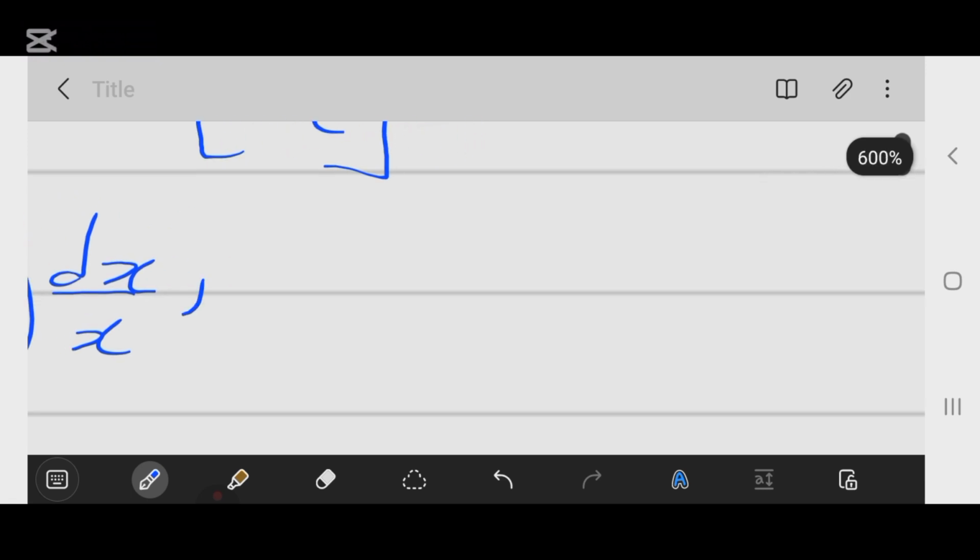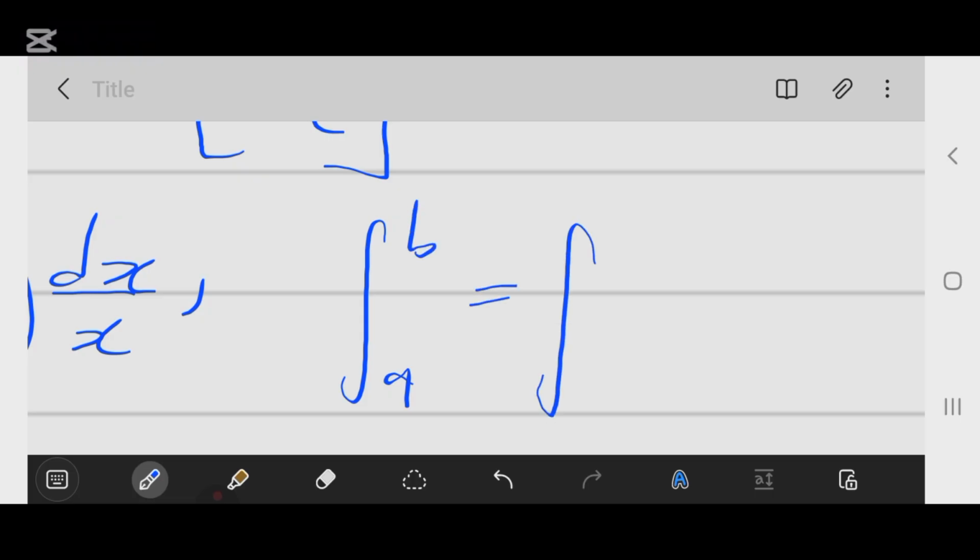Now watch out for this transformation. When you have an integral from a to b, it is the same as the integral from c to b plus the integral from a to c.